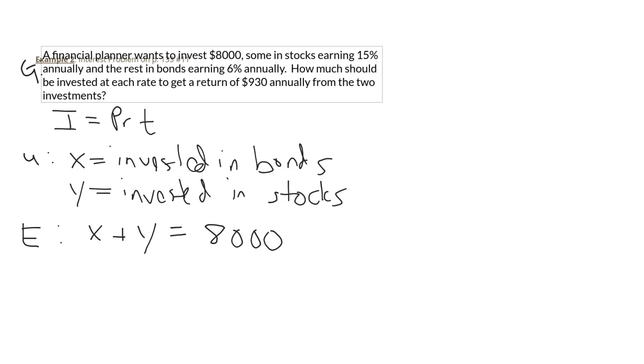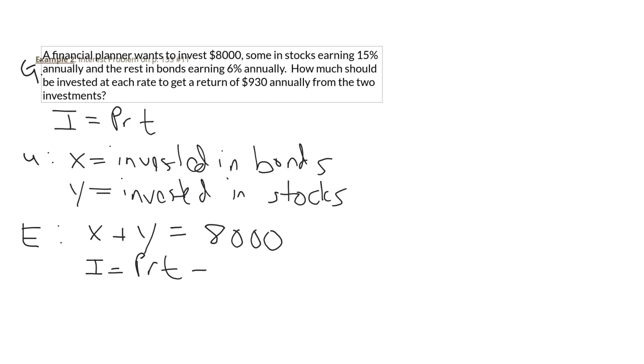Now, in total, this person wants to earn an interest amount of $930. So for our second equation, our interest has to equal $930. So we're going to write for our second equation, the interest equals our principal times our rate times our time.